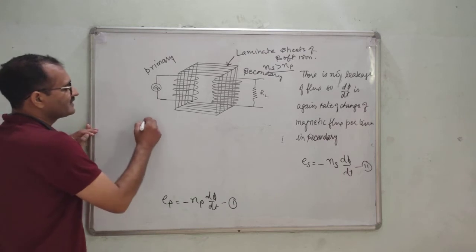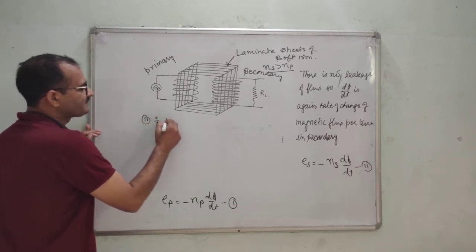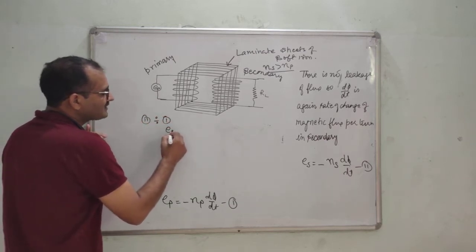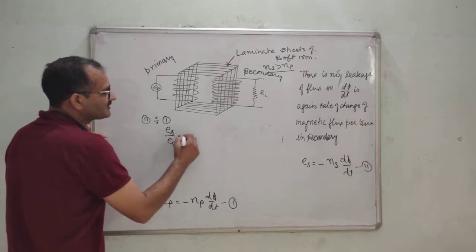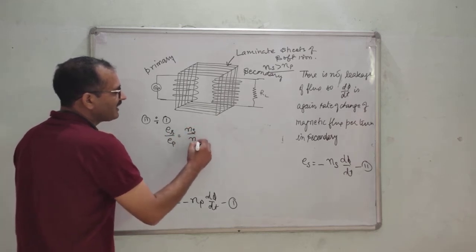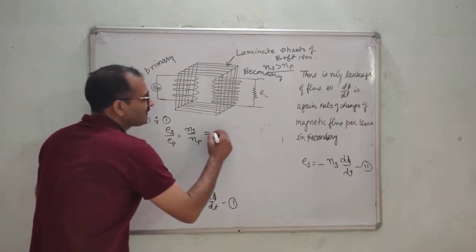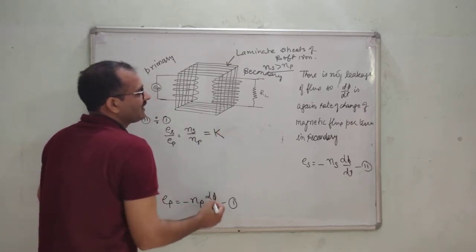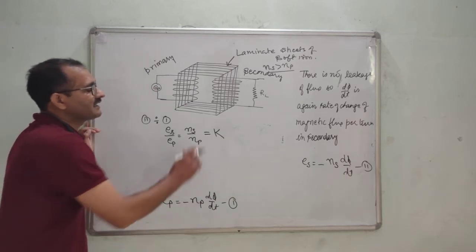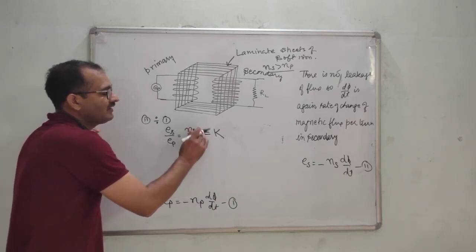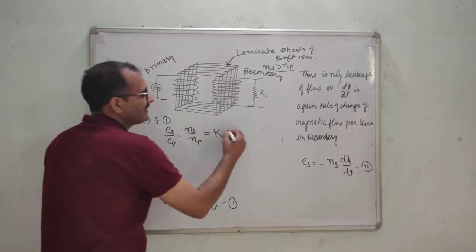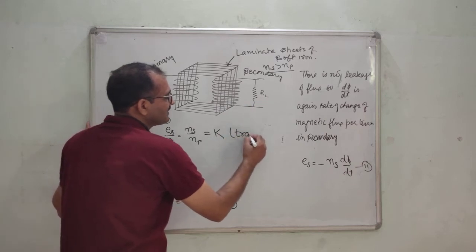If I divide equation two by equation one, Es upon Ep is equal to Ns upon Np. This Ns upon Np is said to be K, the ratio of the number of turns in the secondary coil to the number of turns in the primary coil. This is called the transformation ratio.